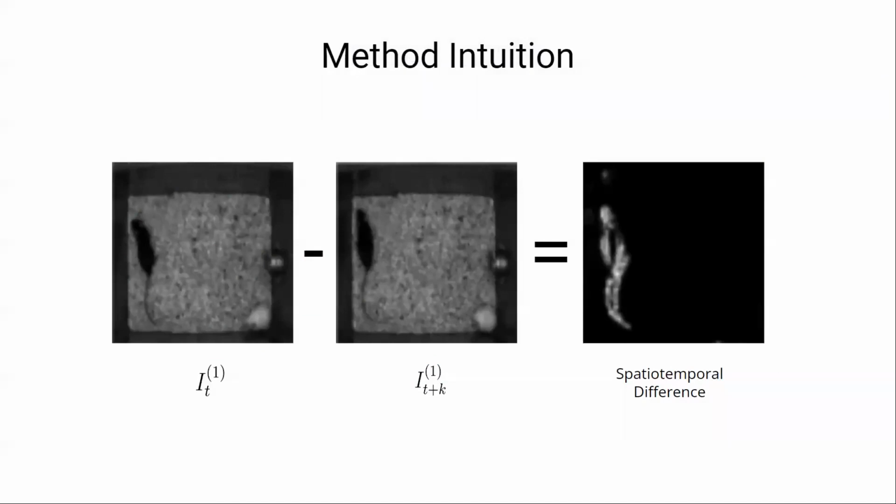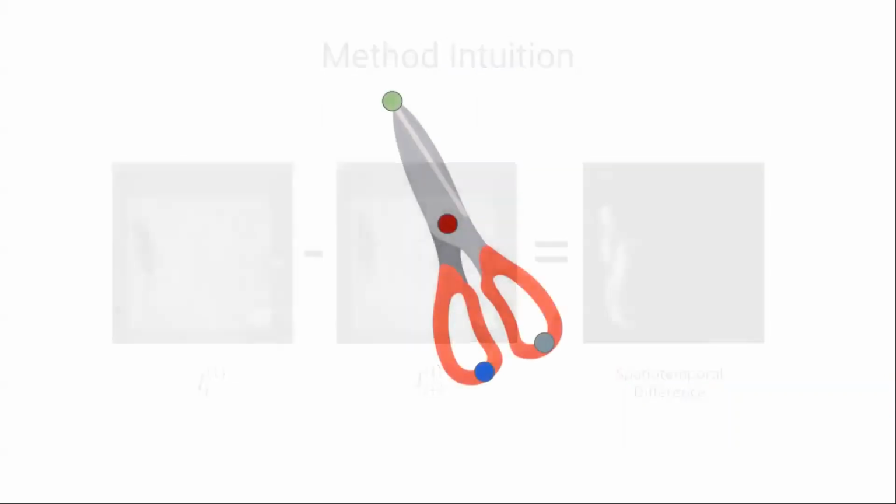Hi, I'm Emil. Our BKinD-3D method relies on a spatiotemporal difference. The intuition behind this is that spatiotemporal difference provides a strong cue for motion. Ultimately, we want the key points to be capturing motion. Why is that? Consider the case where we have a pair of scissors. A human would probably put key points at these particular places.